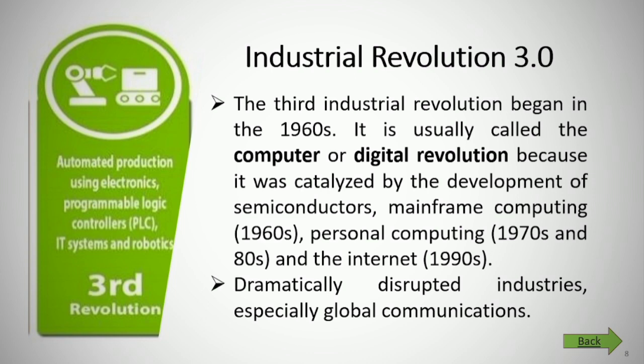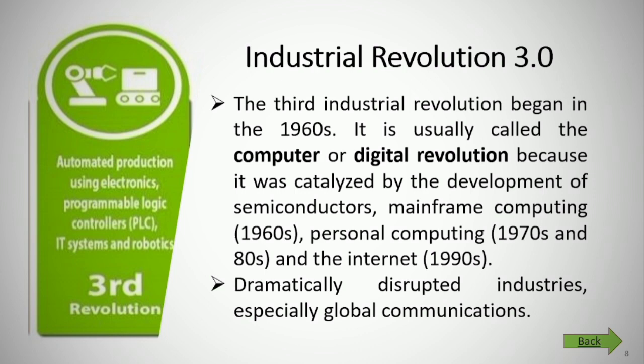communication. So in the third industrial revolution, progress became faster, faster than in Industrial Revolution 2.0, which was the invention of electricity. In Industrial Revolution 3.0, there were many changes. It relies on the computer, more on programmable logic controllers.